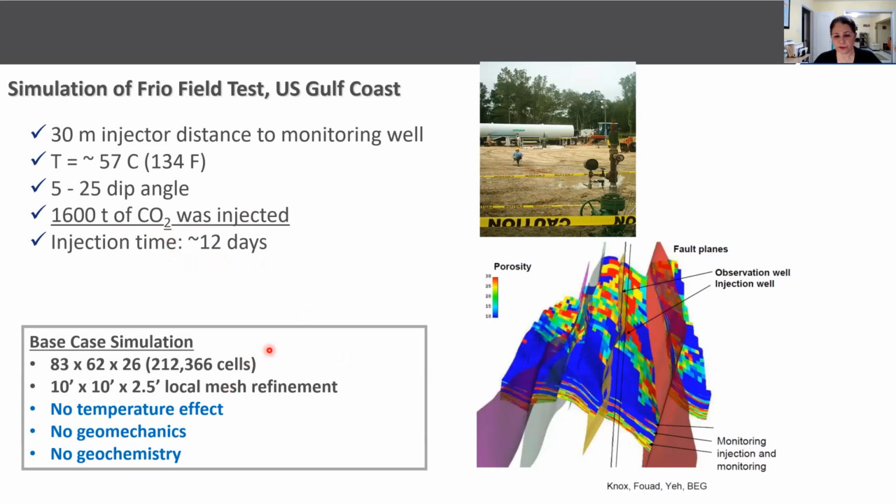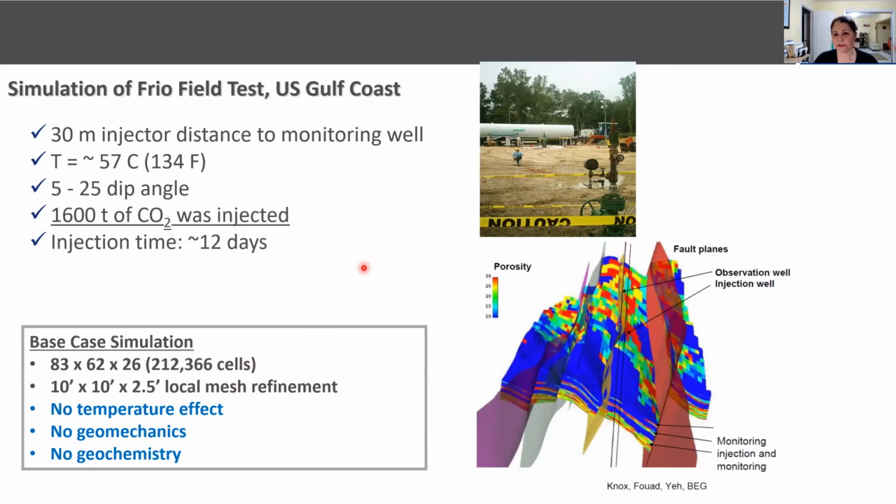And of course, we were trying to simulate this test. This is one of the realizations of the model, showing the porosity. And there were some faults as well here. And these are showing the location of the injection well and the observation well. In some of our simulations, we did not include the effect of temperature, even though when you're injecting CO2 in a liquid form, it's cold.